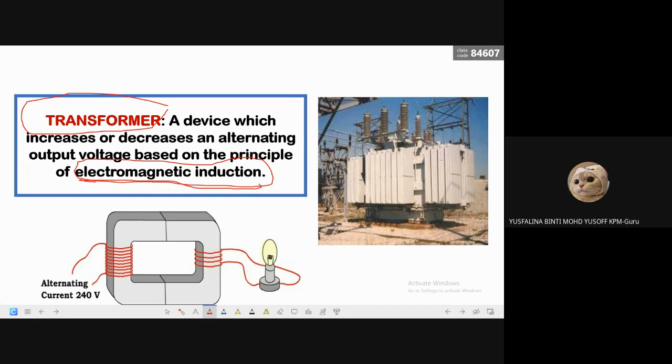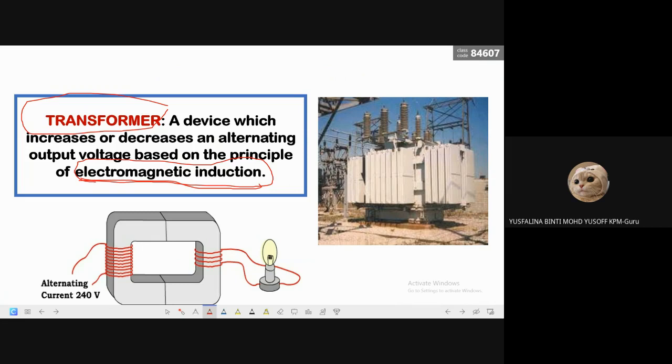So this one is actually for the, I don't know how to say in English, tempat jana kuasa elektrik. The one you see at the pencawang there, they use this one. Because some places need to use high voltage, let's say for the factory.